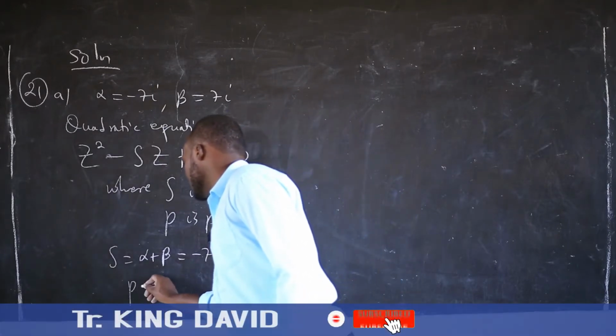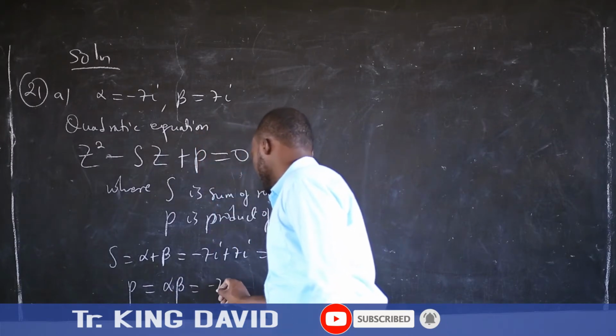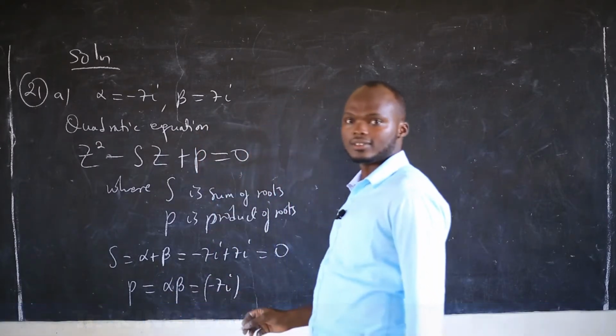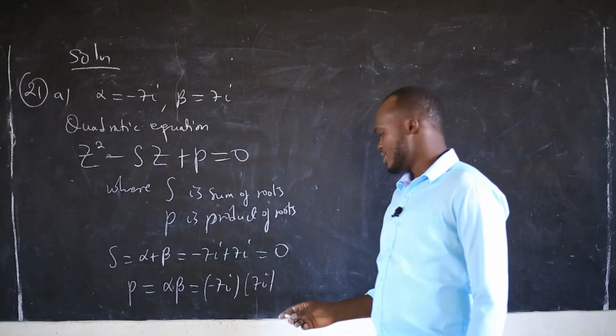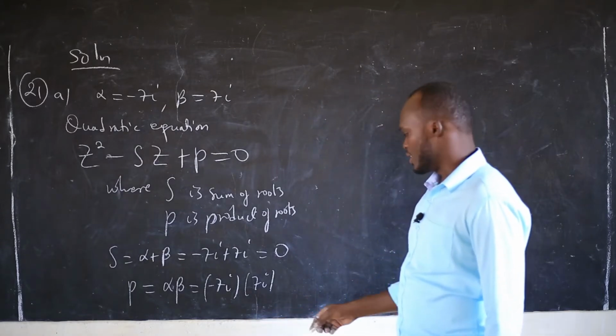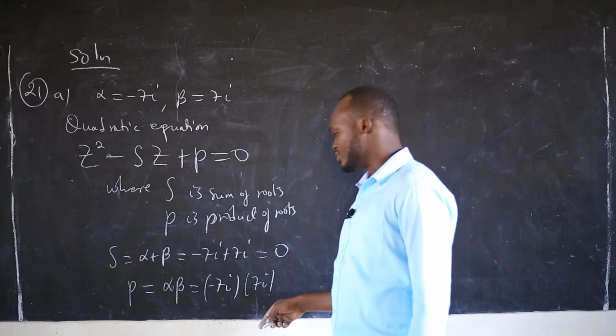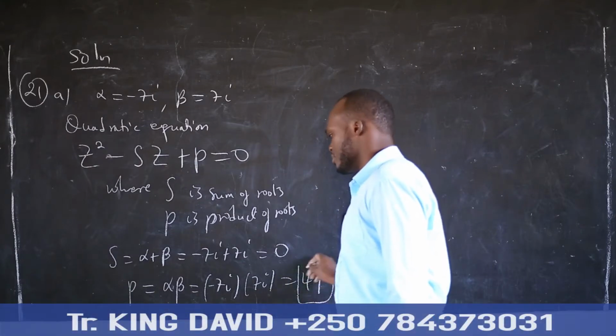Product is the product of the roots, alpha beta, which is negative 7i into bracket 7i. I hope you're getting what I'm doing. So now this is negative 49i squared, and i squared is negative 1, that is 49. So this is the product.